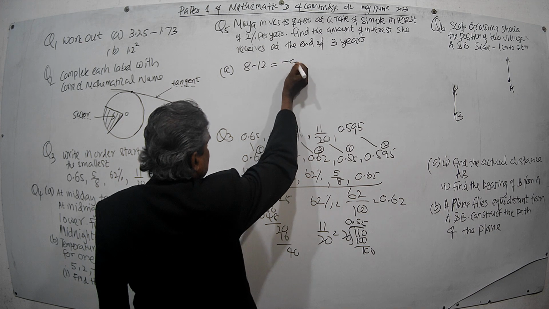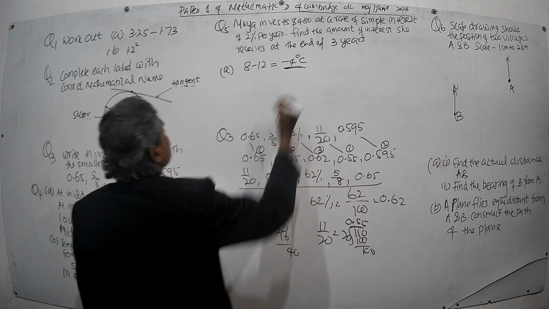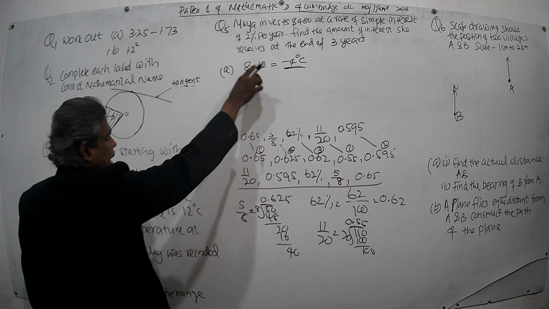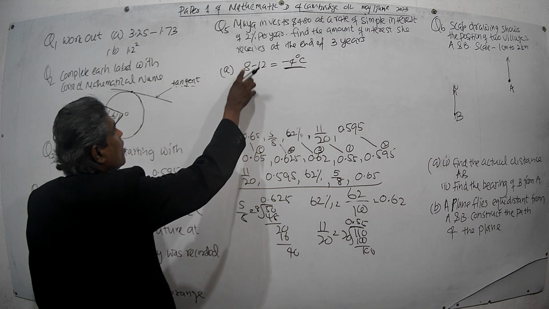Minus 4 degrees Celsius. Okay. That is the temperature at midnight, because they say midnight temperature is 12 degrees Celsius less than midday temperature.